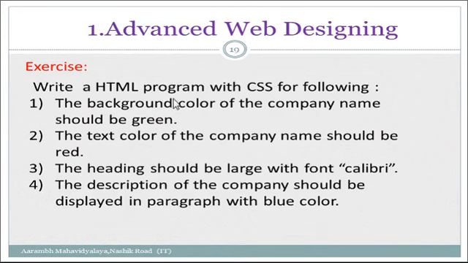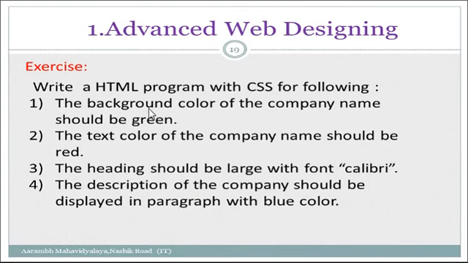Okay, now one simple exercise. You have to write an HTML program with CSS for the background color of the company name as green. Then text color of the company name should be red. Heading should be large with the font Calibri, and the description of the company should be displayed in a paragraph with blue color.